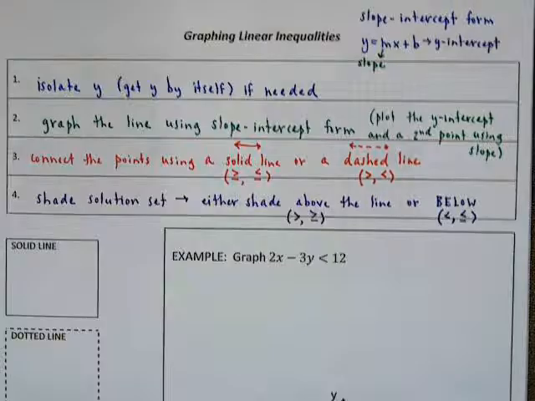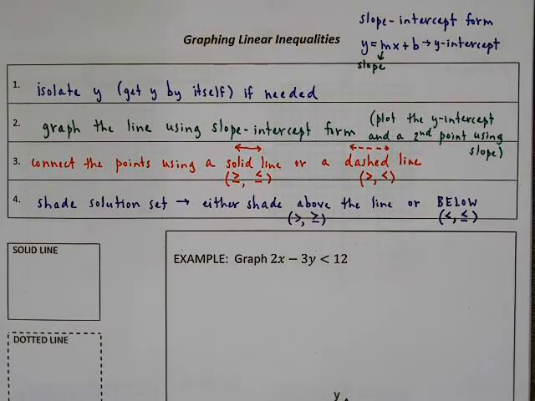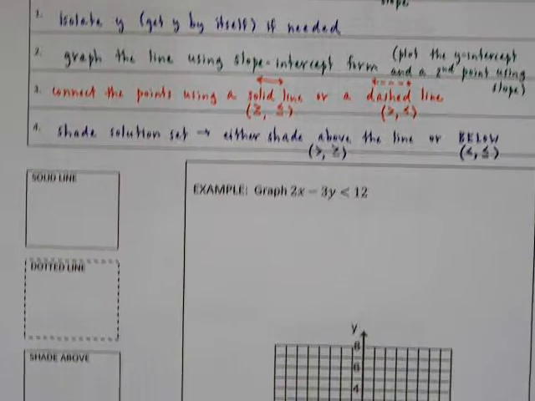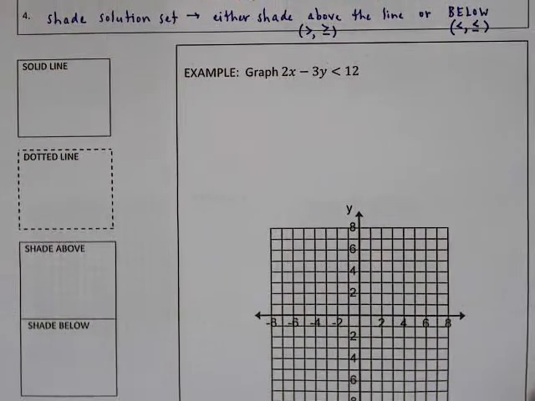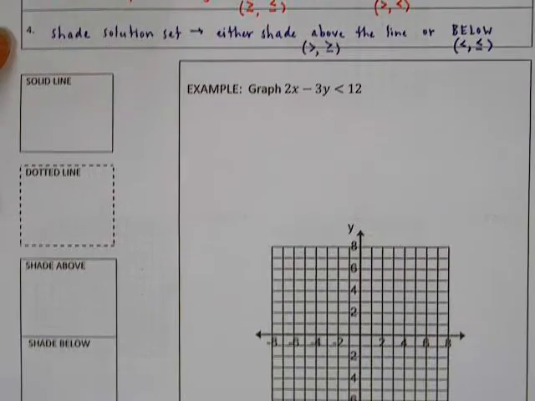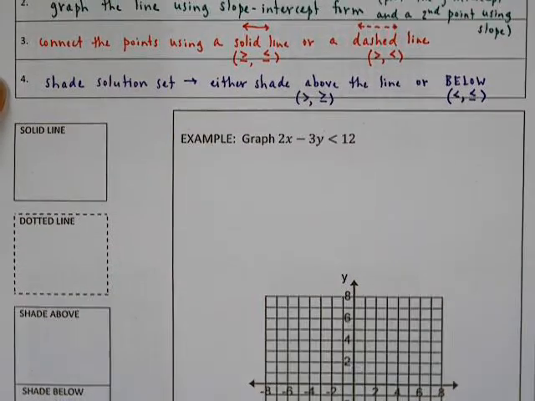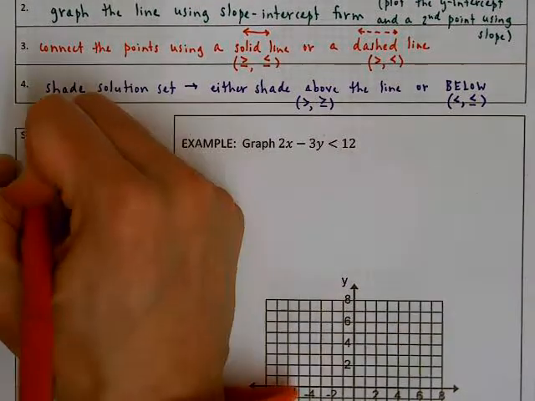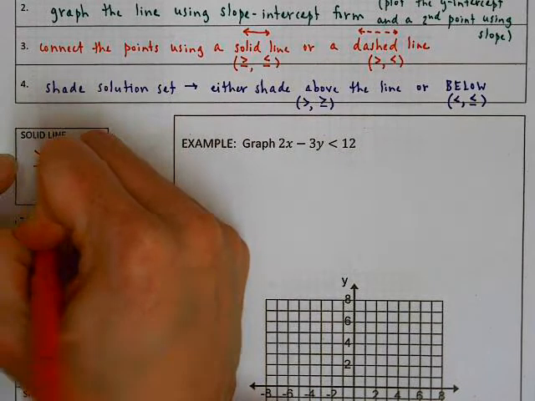Now, I know right now this is just a list of steps. It doesn't mean a whole lot. So let's go through some examples so you get an idea of how this works. So here's our example. Just really quickly, I'm going to recap what we said in steps 3 and 4. My line is going to be solid if I had one of these two symbols.